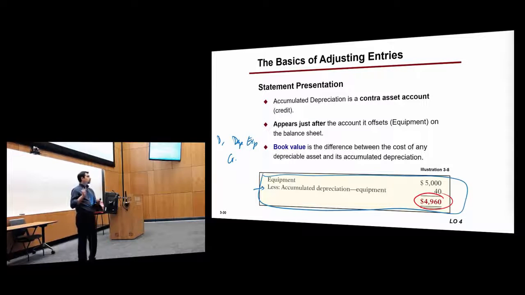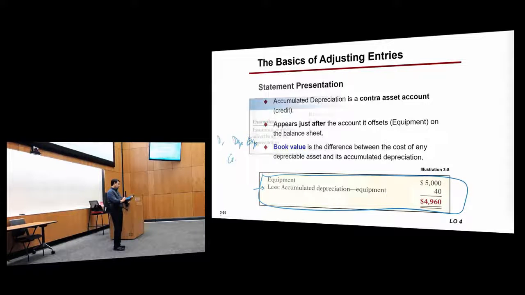Okay? So this is not the market value, it's the book value. Whenever you want to calculate the book value, it's simply the value of the asset at cost minus accumulated depreciation. So the asset minus accumulated depreciation will be equal to book value. Any questions?